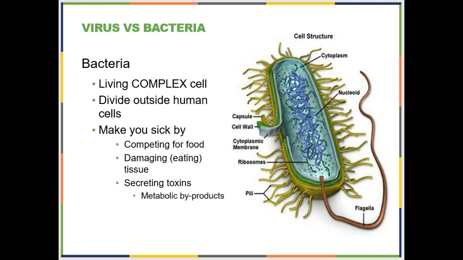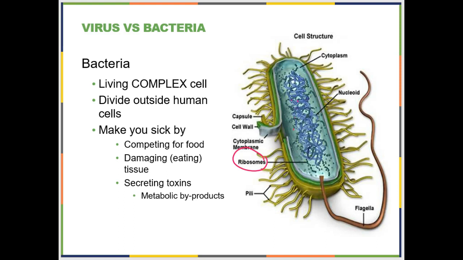So at any rate, it is important to understand the difference between a virus and a bacteria because we treat them differently, right? A bacterium is, as it says there, a living complex cell. It has the ability to live and divide outside the human body. It has in its cytoplasm ribosomes, it has DNA, but it also has just all these other enzymes.